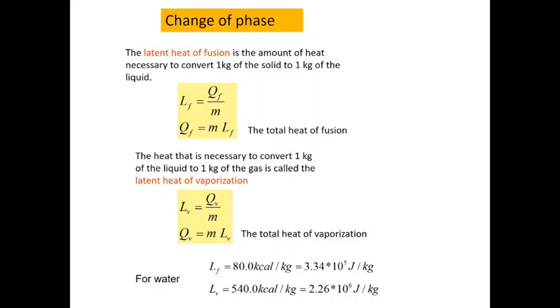Imagine that you have 1 kilogram of ice at 0 degrees Celsius, and in order to make it 1 kilogram of water at 0 degrees Celsius, you need 80 kilocalorie amount of energy.